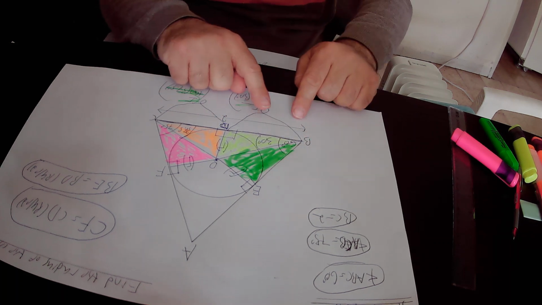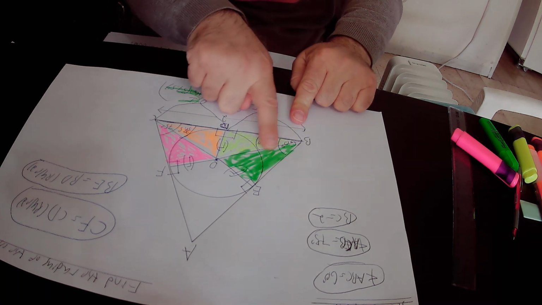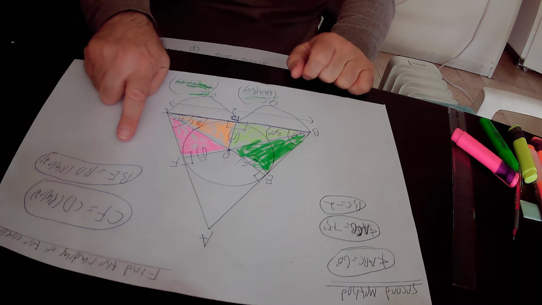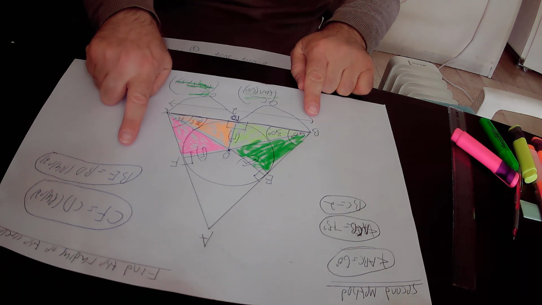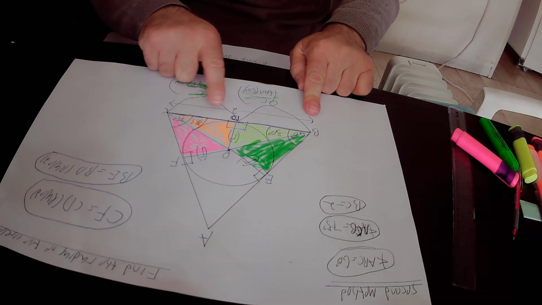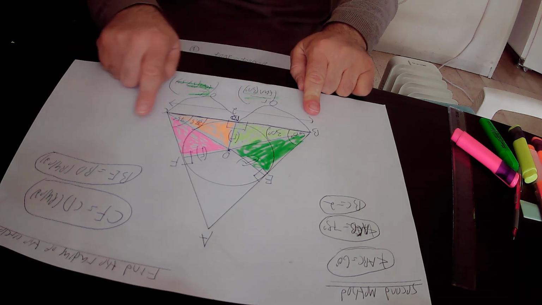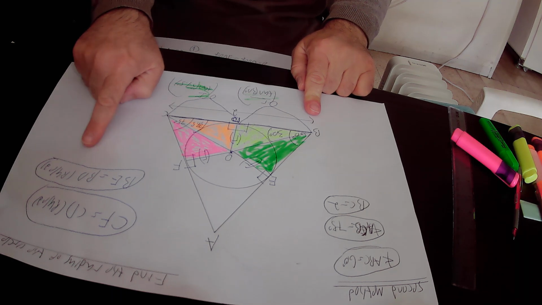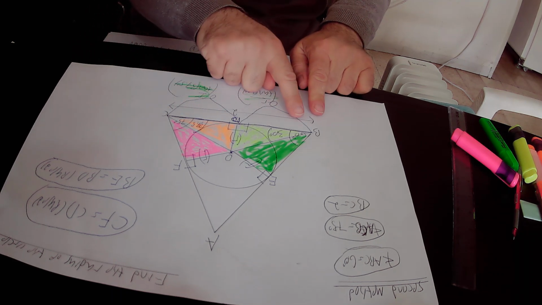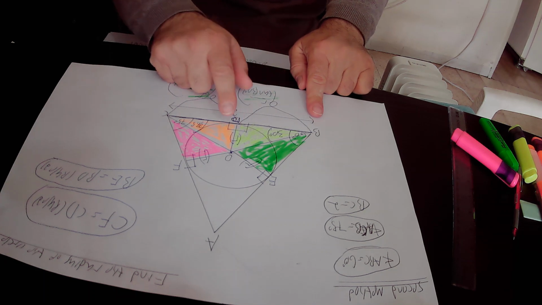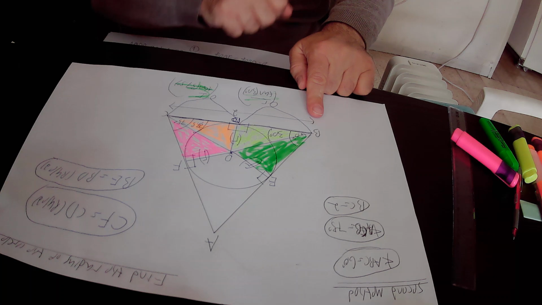In addition, side BE equals side BD according to rule number 2. And finally, side BO is a common side that belongs to both triangles. So BO equals itself, a common side of both triangles.